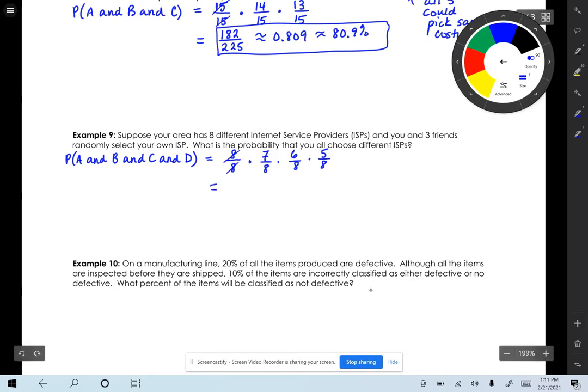I reduced 6/8 to 3/4. And then I multiplied all that together and I got 105 over 256, which is 0.410 as a decimal and 41% as a percent.